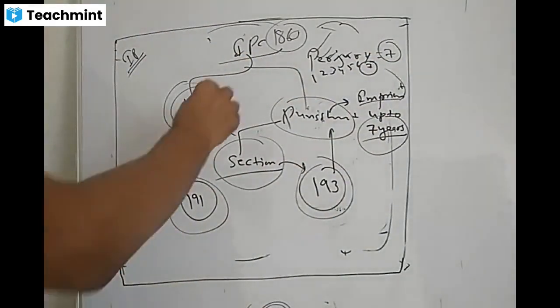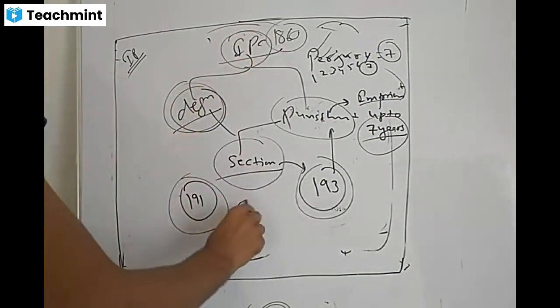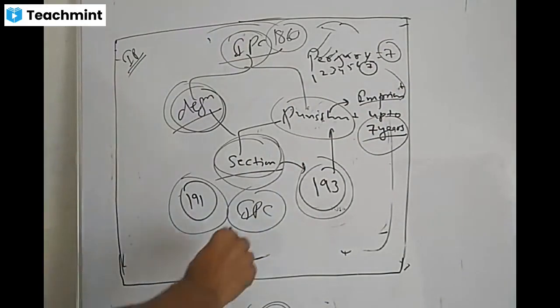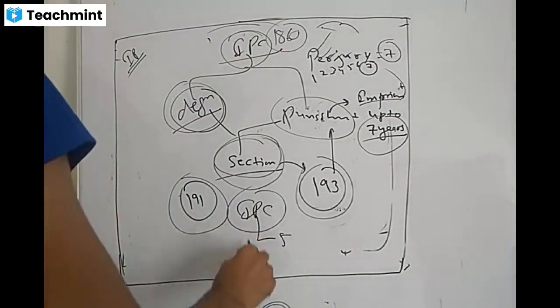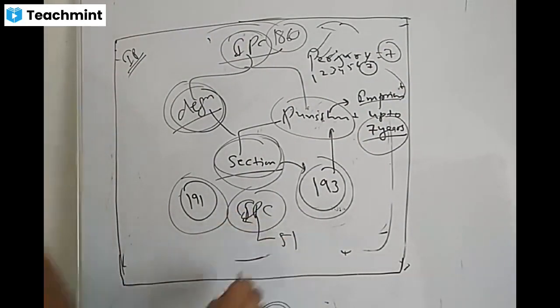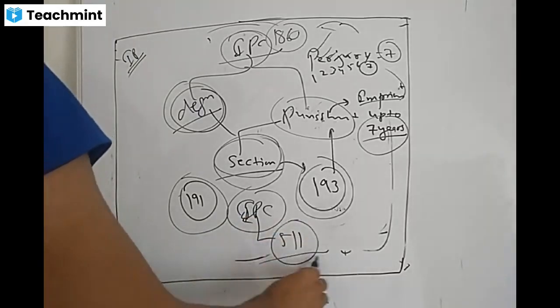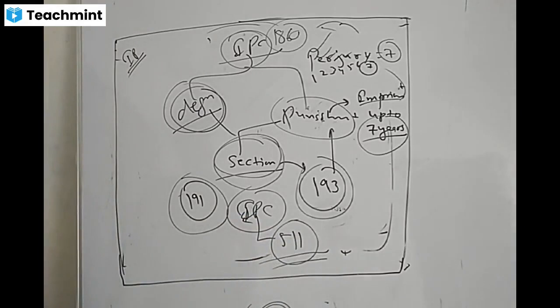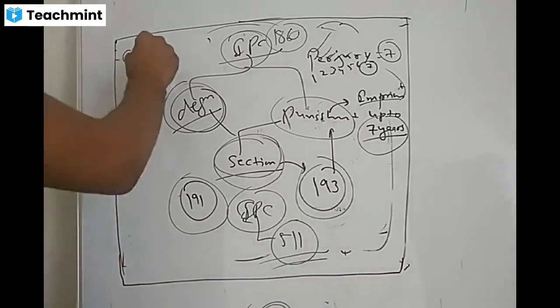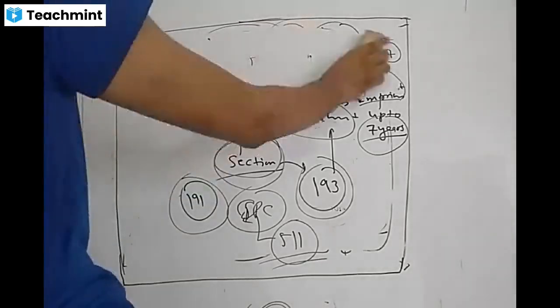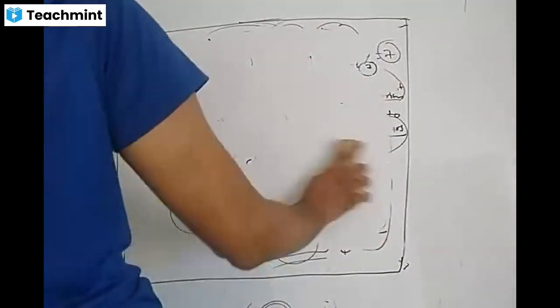So if we look at the IPC, the total number of sections: P for 5 and this I is 1. So write this I 2 times, you will get your 511 sections. So there are 511 sections in our IPC.